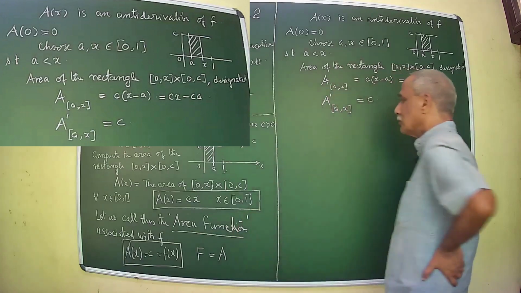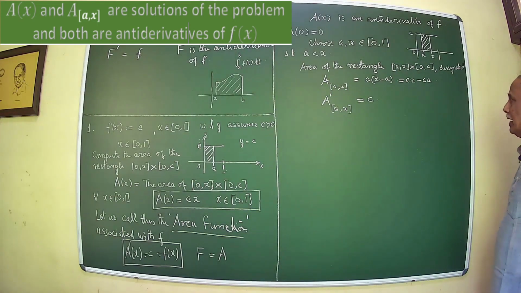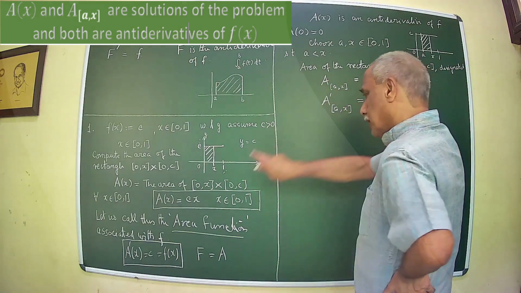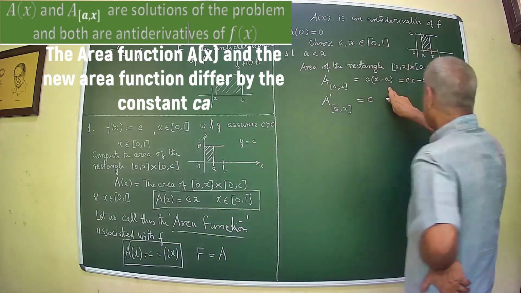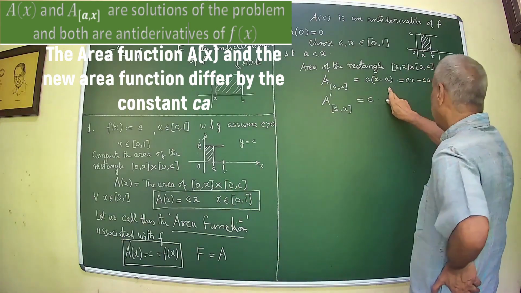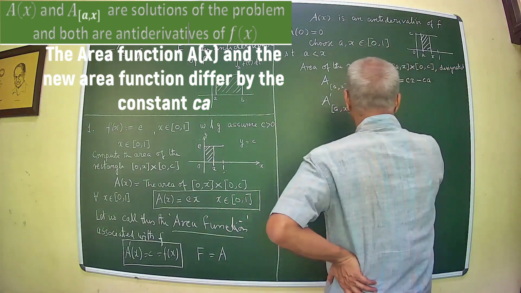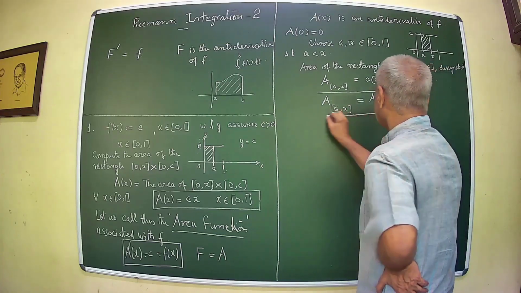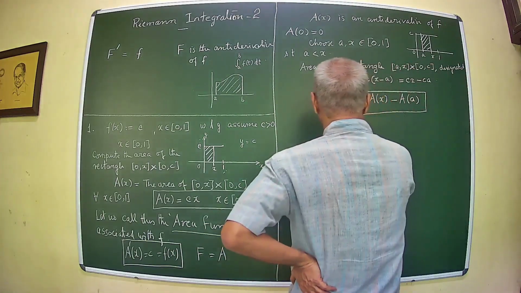So this is also a solution of your problem, or this is also an antiderivative, and the difference between the area function that we defined earlier and the area function that we have defined now is that they differ by a constant.